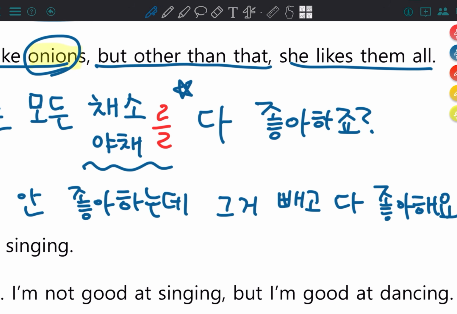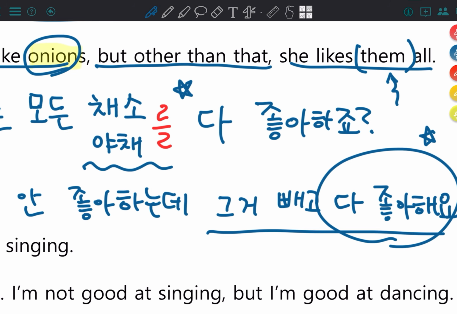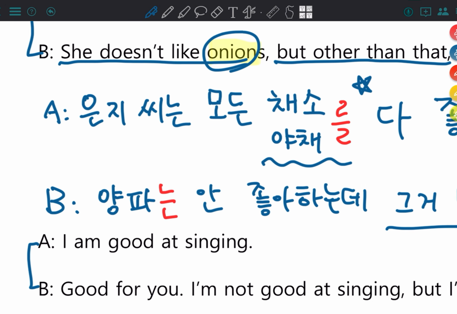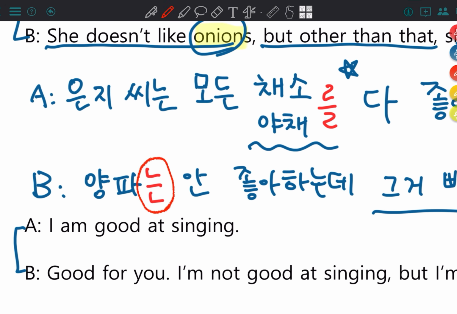So we remove this object because it's obvious that she means vegetables. So you can just write the verb alone. 그거 빼고 다 좋아해요.